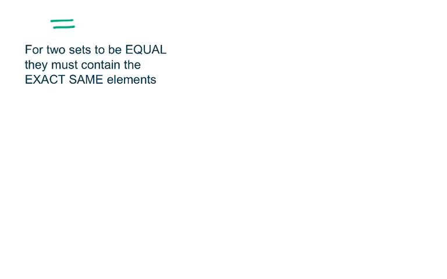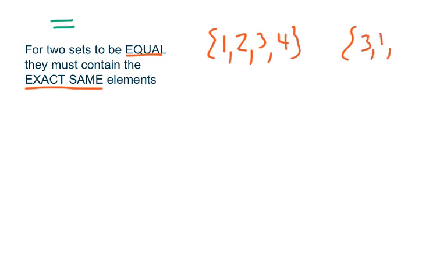Another symbol that's going to be important for us is a symbol you're probably pretty familiar with, and it's the symbol for equals. For two sets to be equal, they must contain the exact same elements. Let's take a look at set 1, 2, 3, 4, and the set 3, 1, 2, 4.